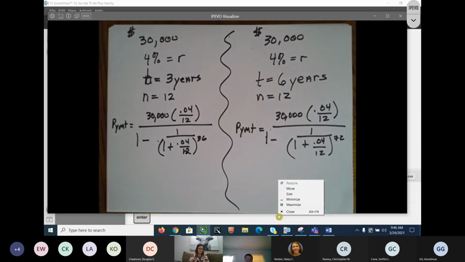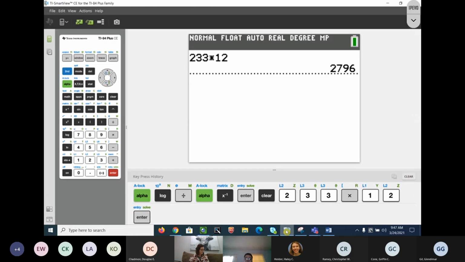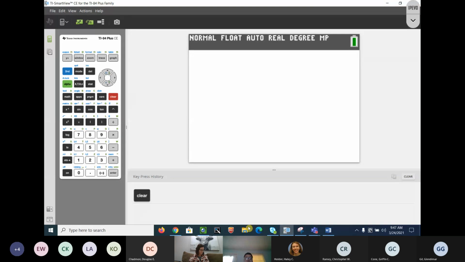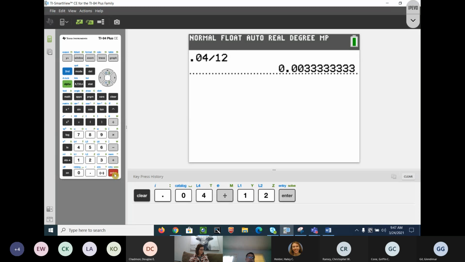Okay, let's do it. Let's take our handy dandy calculator, and I'm going to clear everything. We're going to get our numerator for the left side, which is 3 years. Well, the numerator is going to be the same for both. 0.04 divided by 12 multiplied by 30,000.